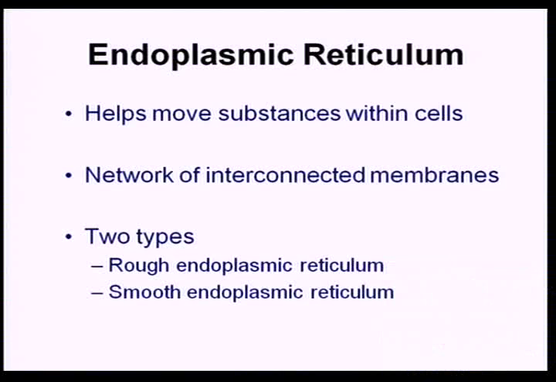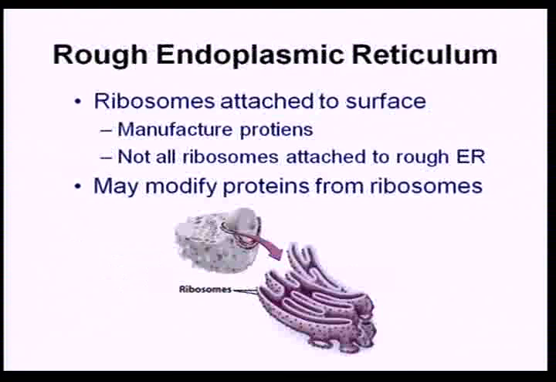So what is endoplasmic reticulum? It's a transport substance or a manufacturing factory also, and it consists of an interconnected membrane network of tubules. You can see in this figure how the endoplasmic reticulum is represented. It can be of two types. If it has ribosomes, it is called rough endoplasmic reticulum.